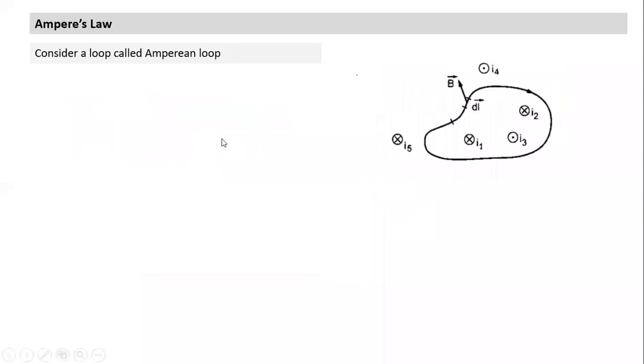So what we had done so far was the application of Biot-Savart law. Similar to electrostatics, we had one more law, Gauss law. If you try to recall, how do we express Gauss law in concise form? What is the term used to write here?